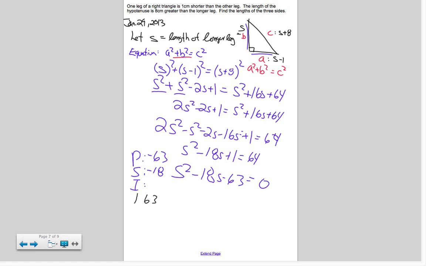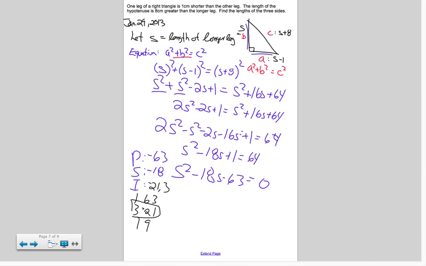Does 3 divide into 63? Yeah. 3, 21. 4, 5, 6, no, 7. 7 and 9. So we can see here, 3 and 21, we make the 21 negative. We get negative 21 and 3.